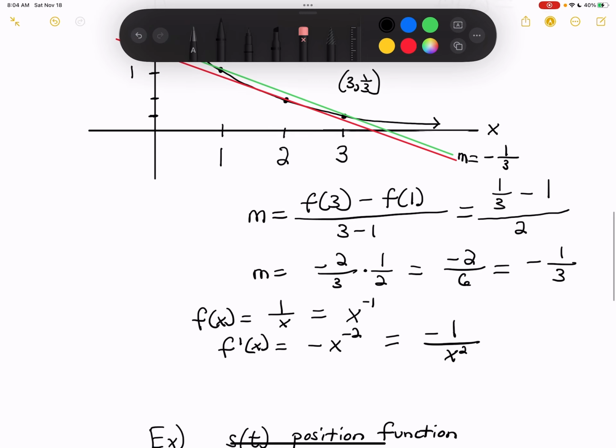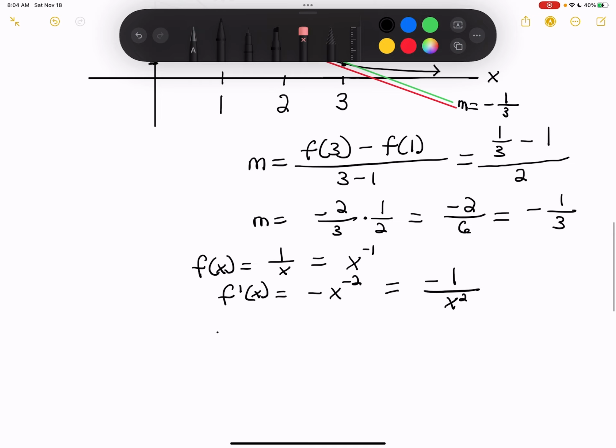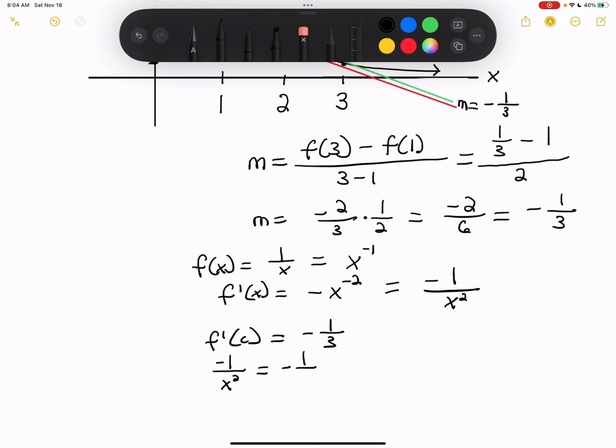Okay, so I know that there must exist a c such that f prime of c is equal to negative 1/3. Well, there's my derivative function, it has to equal negative 1/3 at one point.